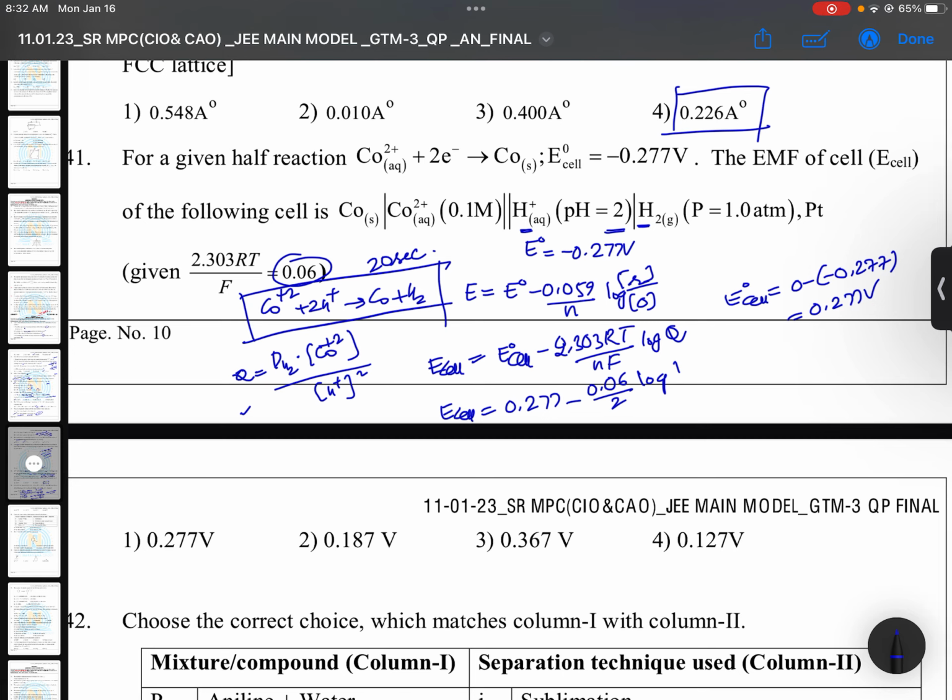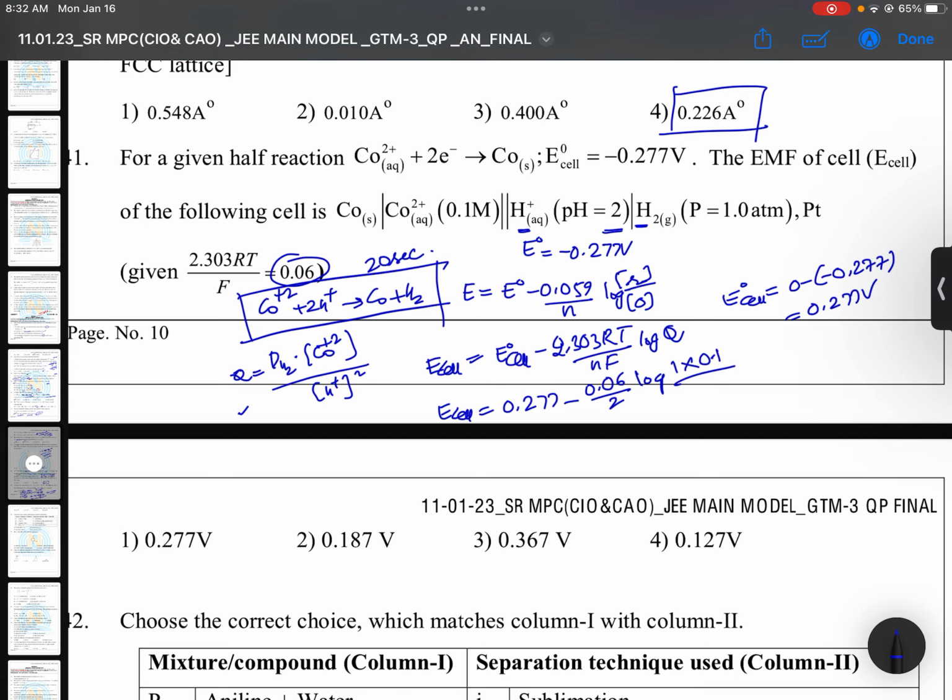Co concentration is 0.1, given in the question. Then H plus concentration: when pH is 2, H plus concentration is 10 to the power of minus 2, whole squared. So this will come 0.277 minus 0.09, which is equal to 0.187.